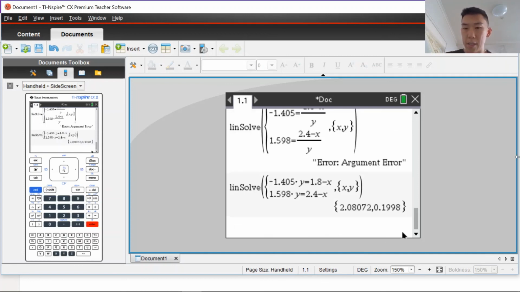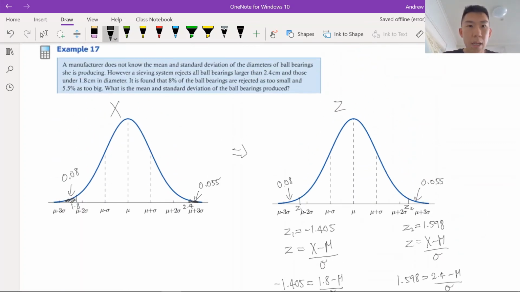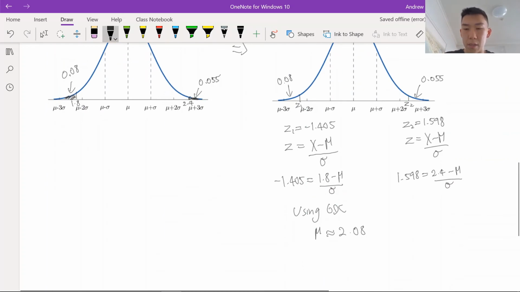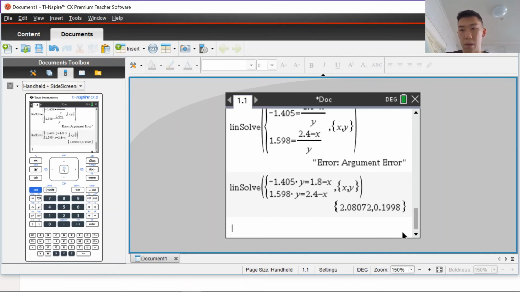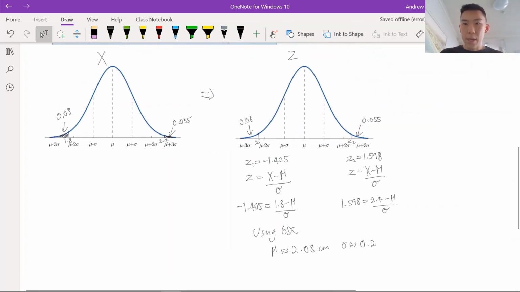So x is approximately 2.08, using GDC. So the mean diameter of the ball bearings is 2.08 centimeters, and the standard deviation is approximately 0.2. All right, so a lot of calculator work.